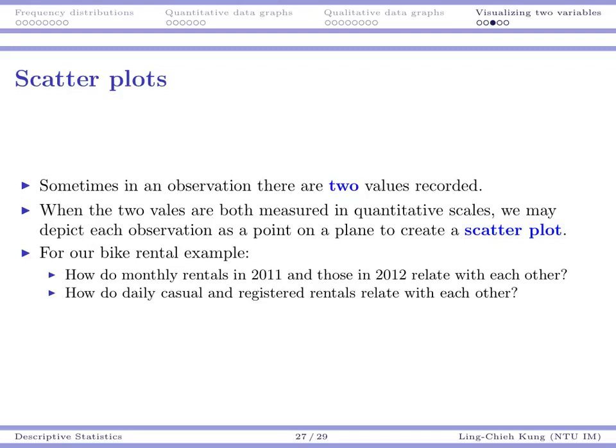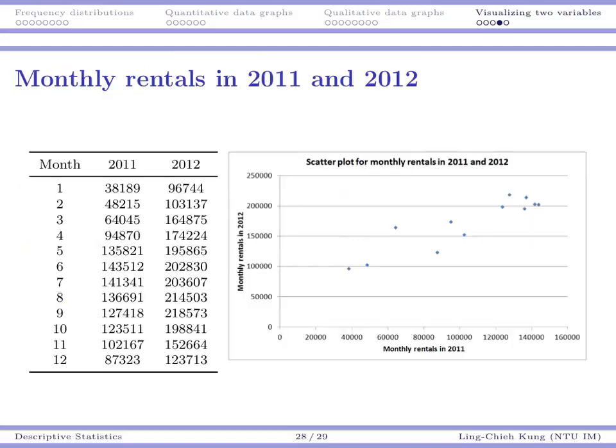Some typical questions we want to ask is, for casual and registered rentals, is it the case that when one goes up, the other also goes up? Or is it the other way? We want to ask whether they are roughly proportional to each other, or whether when one goes up, the other goes down. With a scatter plot, we can answer this question.